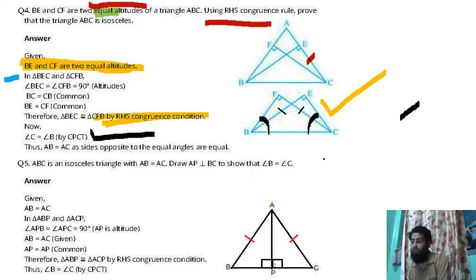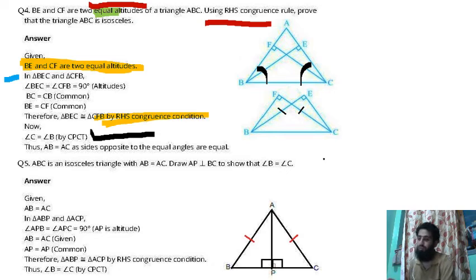Now let's move on to the actual triangle. In this triangle, angle B and angle C are equal to each other. Now tell me, what happens to this side and this side, which are opposite to these equal angles? Yes, they will also be equal, because sides opposite to equal angles are equal to each other.